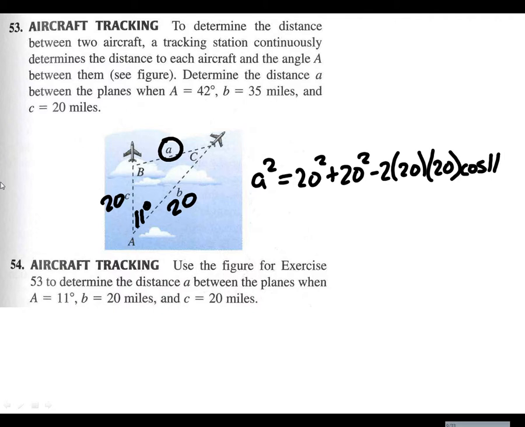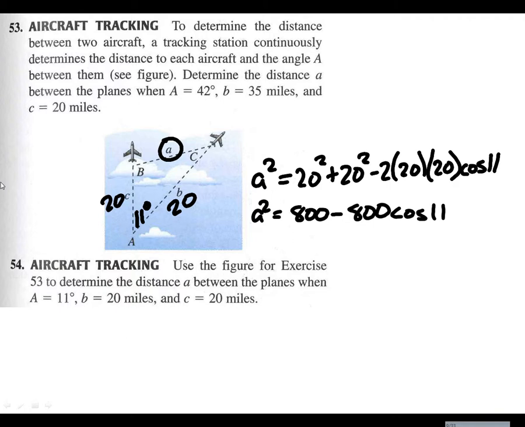20 squared is 400 times 2. There's 2 of them. That's 800. Minus 20 times 20 is 400 again. 800 minus 800 cosine 11. So let's see what we got.